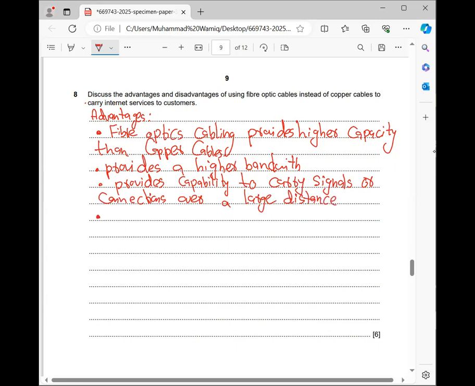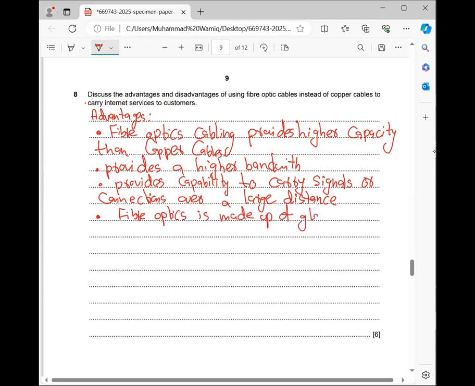One, two, three, and the fourth point, I can say that fiber optics is made up of glass.